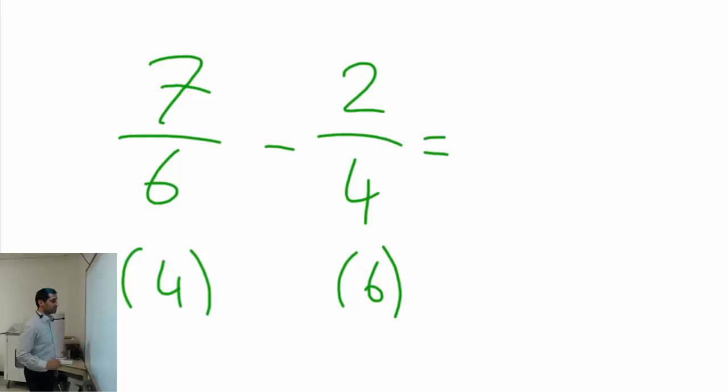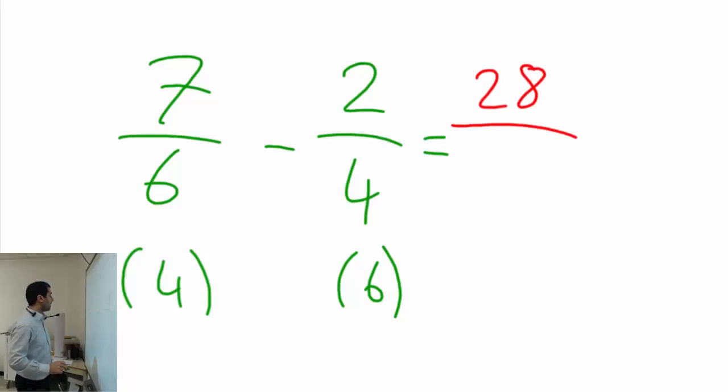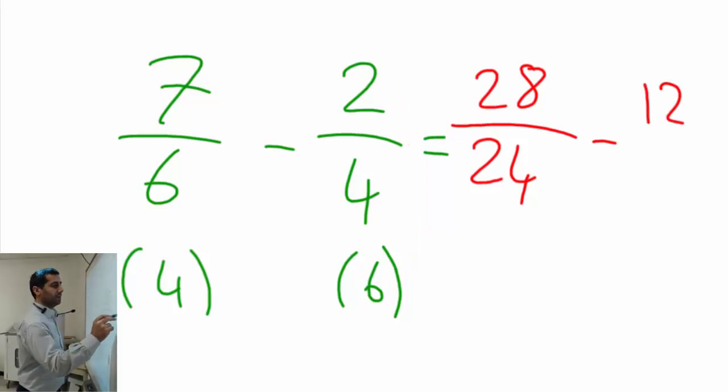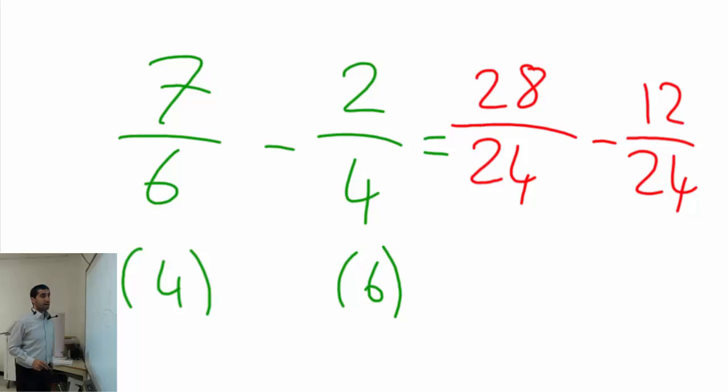Let's just go ahead with this rule. 4 times 7. What's that? It's going to be 14, 28. 28 divided by denominator will be 24 minus, and 6 times 2 is 12 divided by 6 times 4, which is also 24. Now 24 is the same denominator.